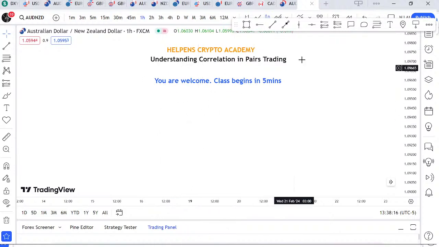Let me explain what correlation is in practical terms. Let me draw a graph with an x-axis and a y-axis.